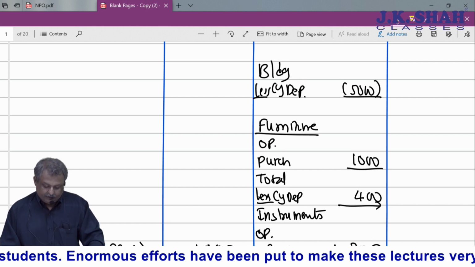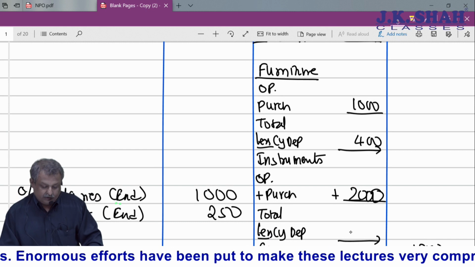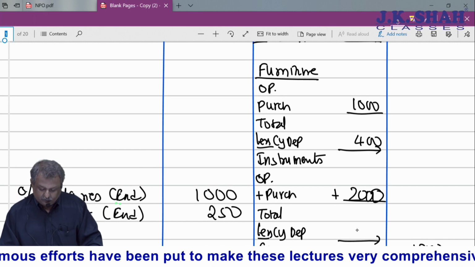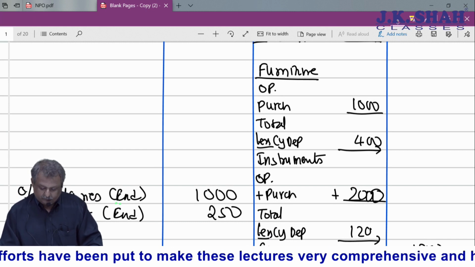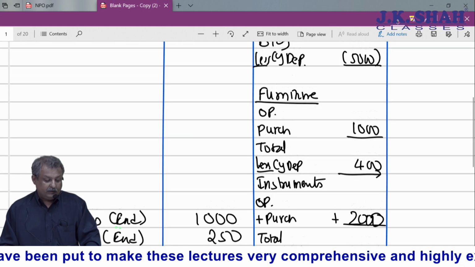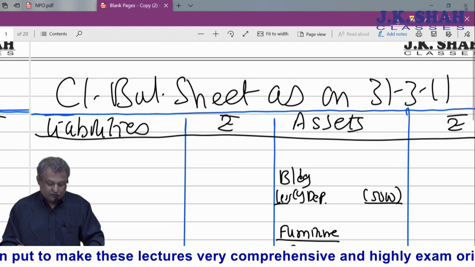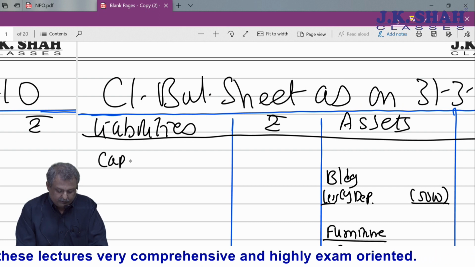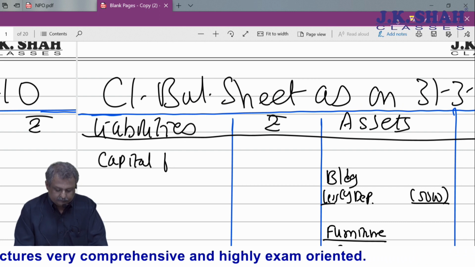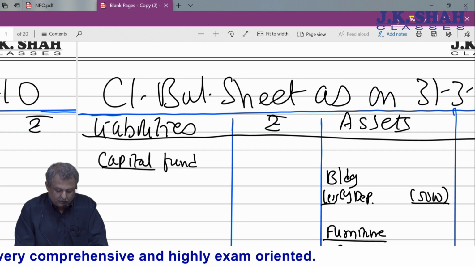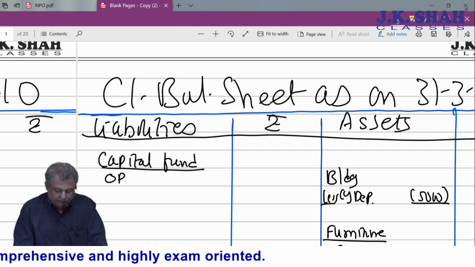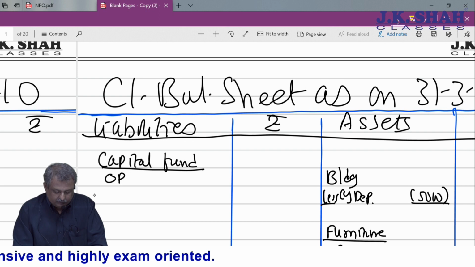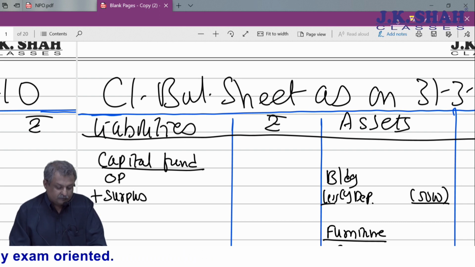Then instruments, current year depreciation is 1,200. Okay, now surplus. So closing balance sheet, capital fund. Under that opening we will get later. To that add surplus.